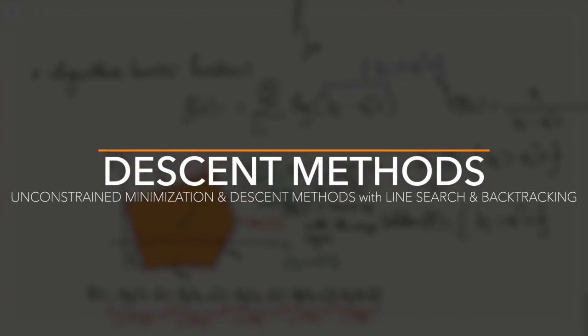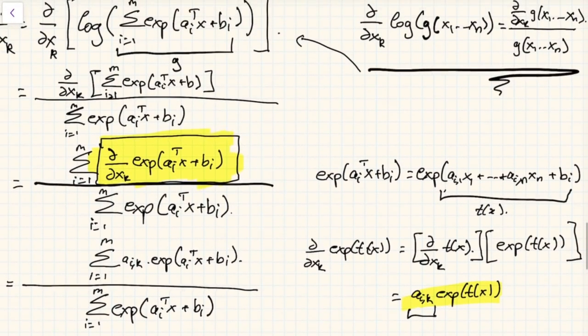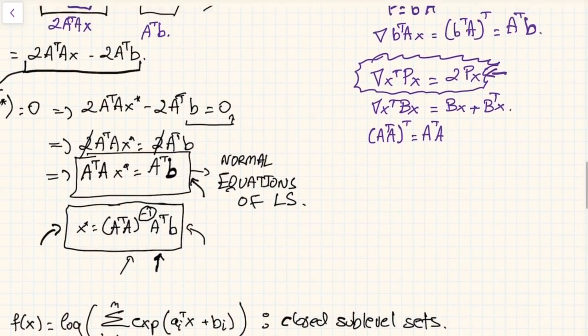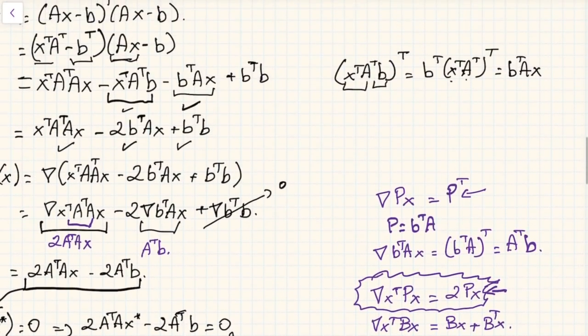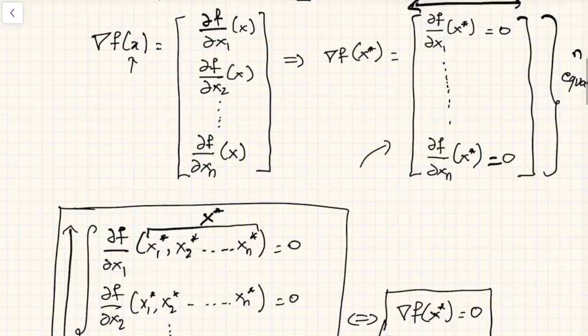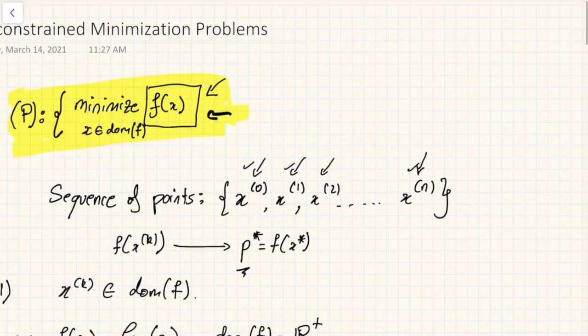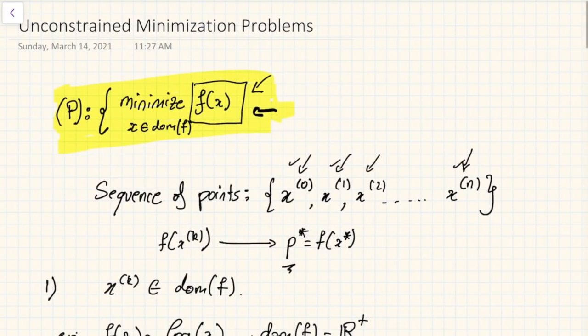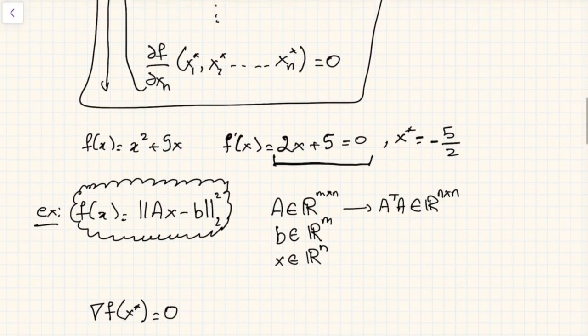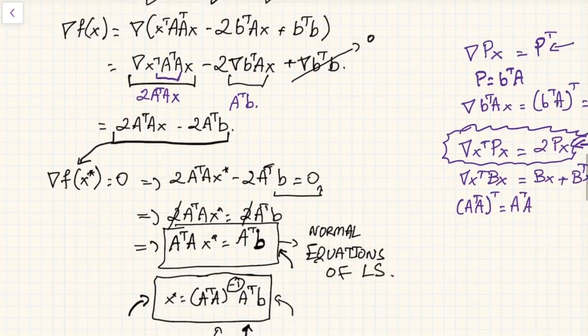So now we're going to talk a bit about algorithms that could solve each and every one of those unconstrained minimization problems. We're going to be dealing with gradient descent methods, and we're going to see different variants of the gradient descent methods, because we know that descent methods generally deal with line searches.